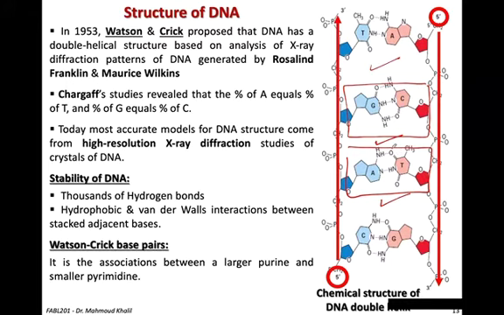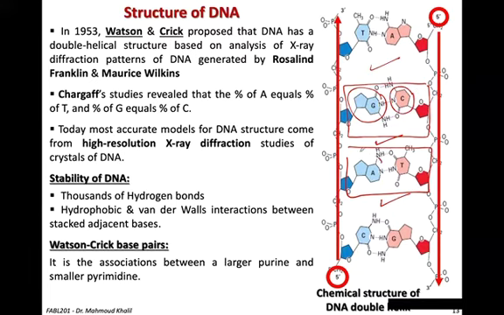So Watson and Crick postulated that in order for the DNA to be uniform in size, uniform in diameter, or the width, a larger purine must bind to a smaller pyrimidine.